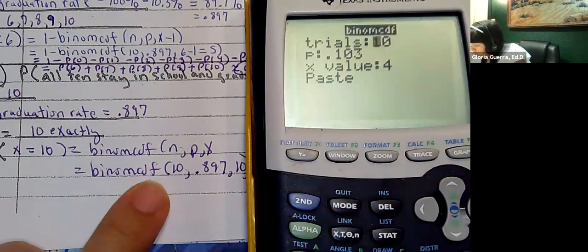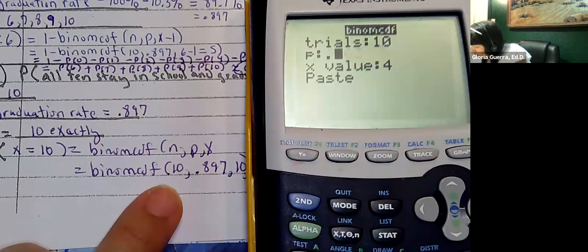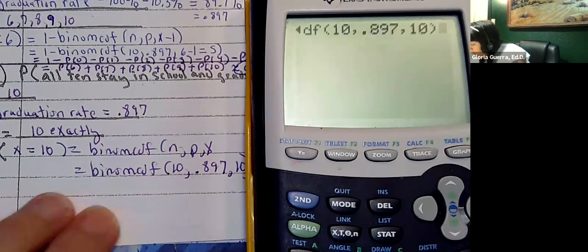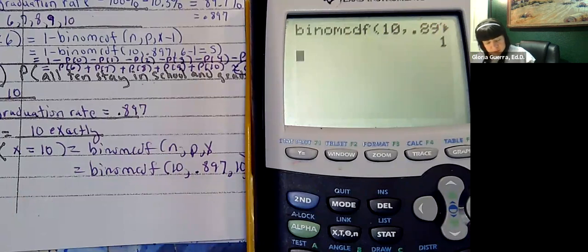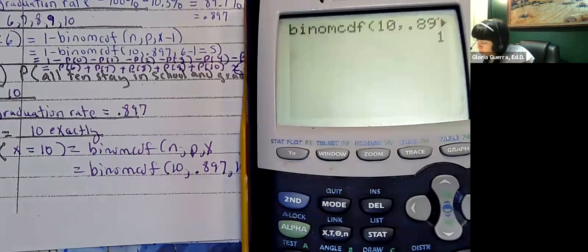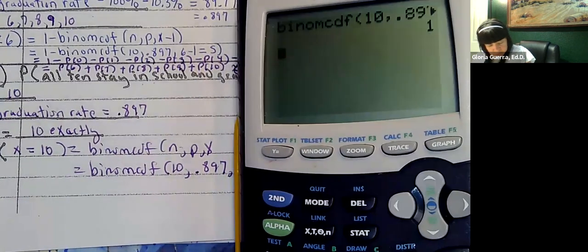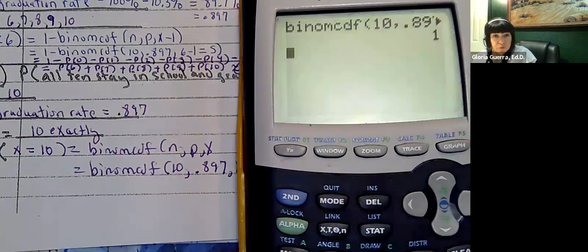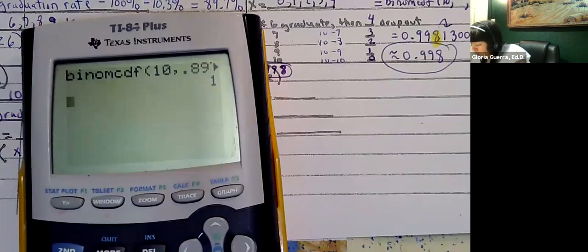So trials, okay, 10, probability is 0.897, and then x value is 10. And then we get, I was supposed to get 0.337. Did you get 0.337? Let me see what I do wrong.